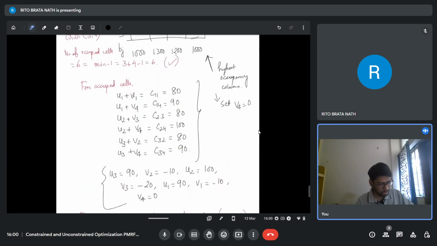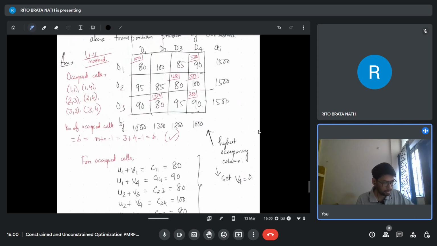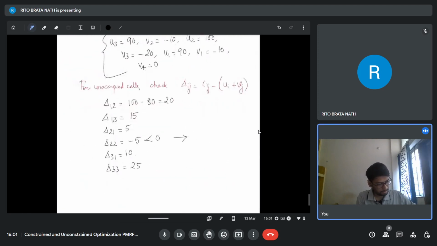So you have to enter something in that cell, the 2 2 cell. The thing that you can enter there is the minimum of whatever is appearing in those cells, so that's the minimum of 1300 and 300.